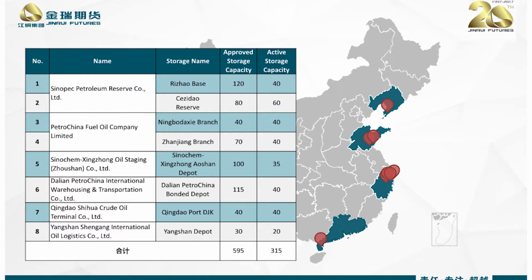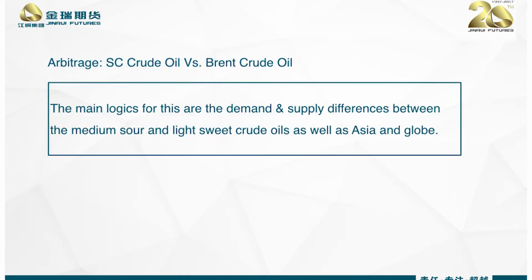Investors should be reminded that though DME Oman crude oil is a good underlying oil for arbitrage, the relatively small trading volumes might cause liquidity risk. Therefore, besides DME Oman, Brent Dubai swap and other approaches can also be used to seek intermarket arbitrage opportunities between Brent and SC crude oil futures.